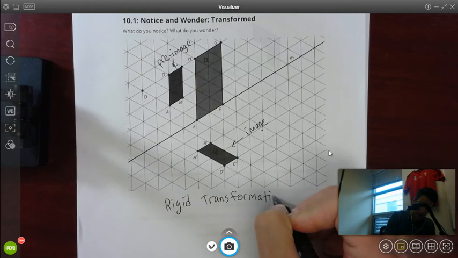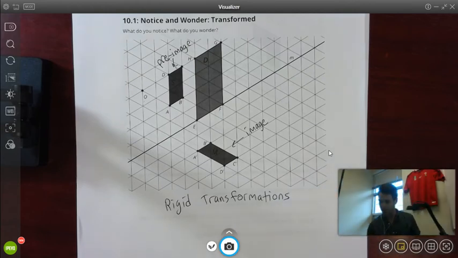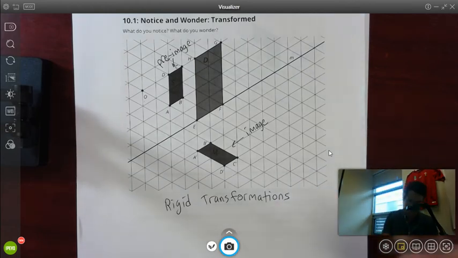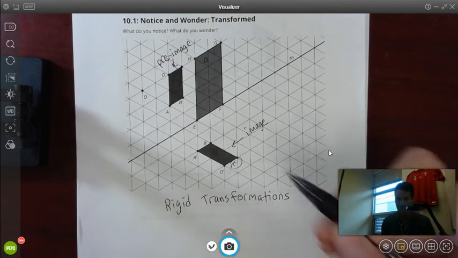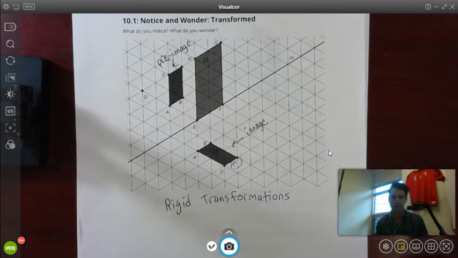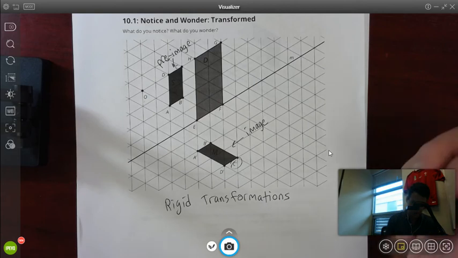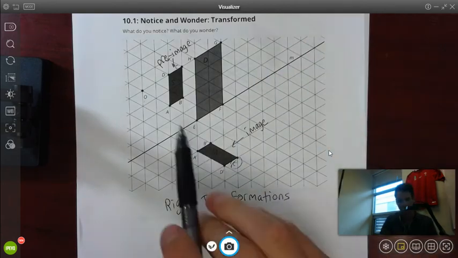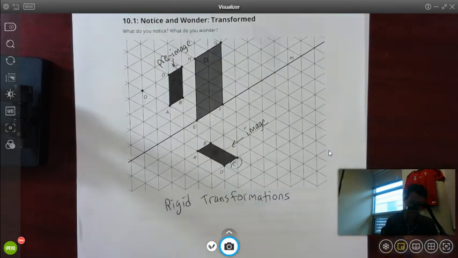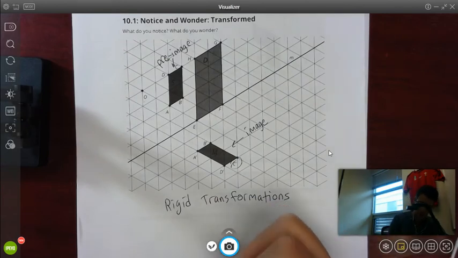We can write that down here as an observation. Lastly, we can see that some of these shapes, like C right there, have a little apostrophe above them. You could compare it with the parallelogram in the top left corner, and you could say that you are going from the pre-image.